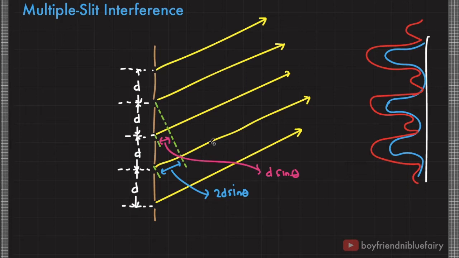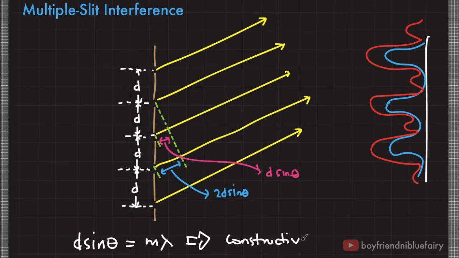If we return to our condition of d sine theta, the same condition applies: when the path difference between consecutive waves is an integer multiple of lambda, this will result in constructive interference.